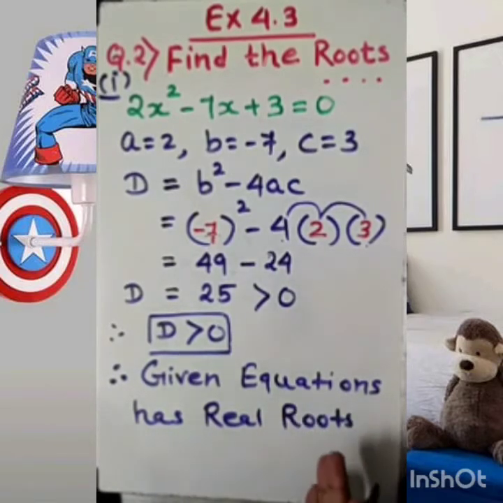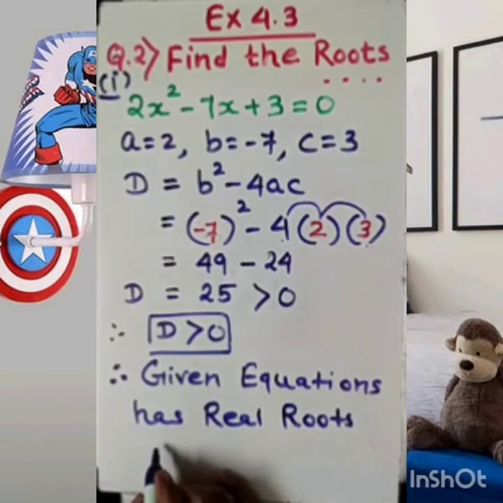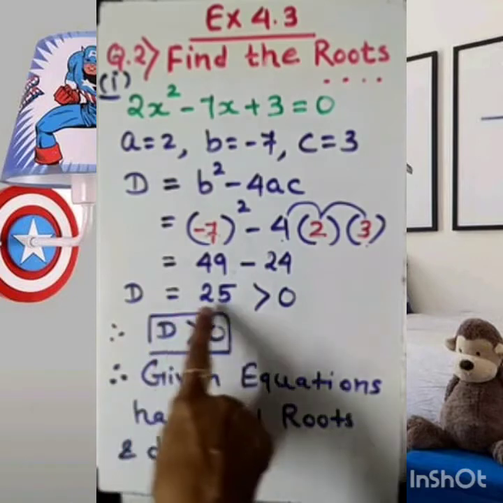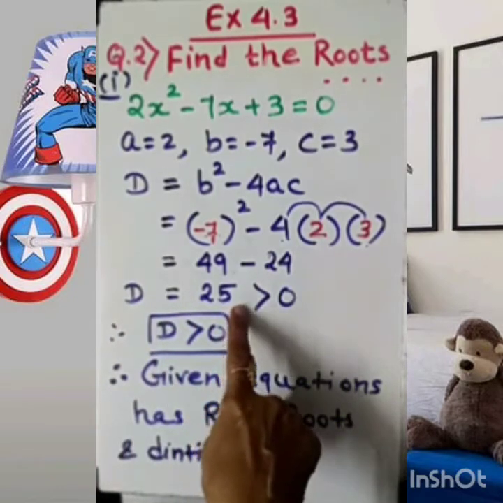Distinct indicates different. So the given equation has real roots and distinct. Okay, so let's work out which roots. Here we need to keep the value of D equal to 25 in our mind.